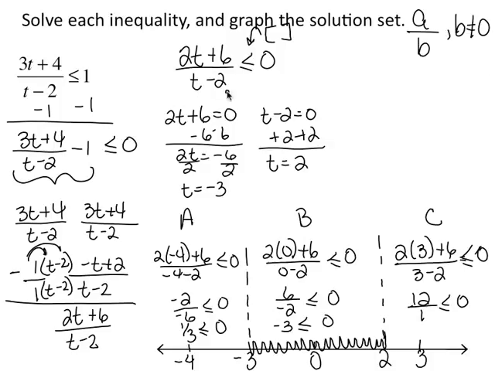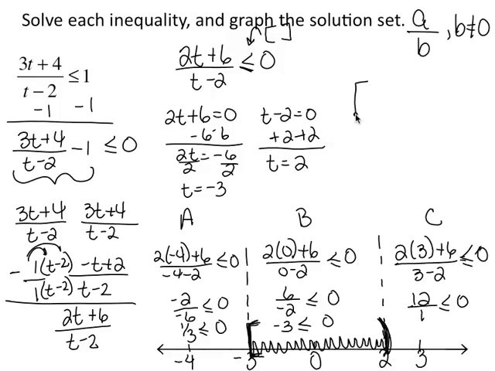So for that reason, we have to have a restriction that our denominator cannot equal 0. So if we include the endpoint, because we have this equal sign, that means the endpoint is included. We would put 2 minus 2, that would give us 0, and our whole fraction will be undefined. So for that reason, we have to exclude the 2 as our endpoint. The negative 3 we can include.